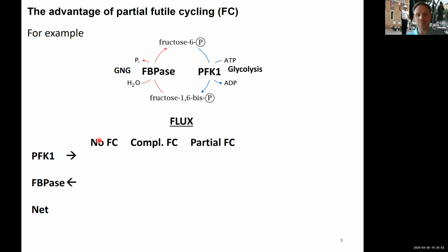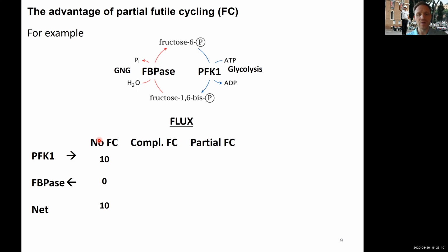Our first scenario would be no futile cycling. So let's assume we are running PFK1 with a flux rate of 10. Say per minute, we are generating 10 molecules of fructose 1,6-bisphosphate. We don't do any futile cycling, so our reverse pathway, GNG, is not running at all. So it's 0, meaning our net flux is 10.